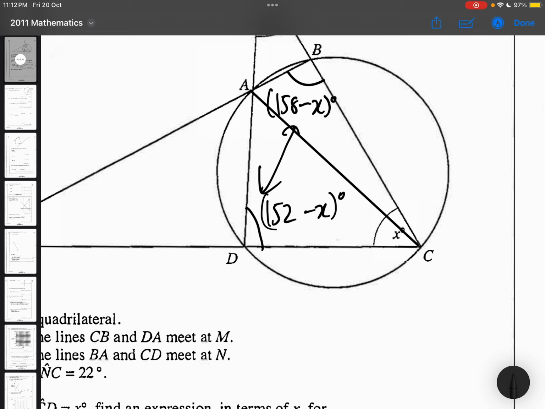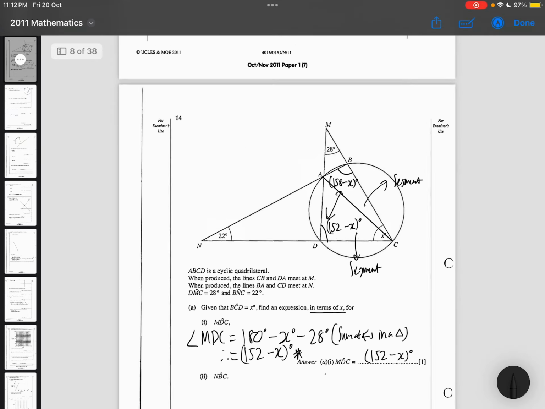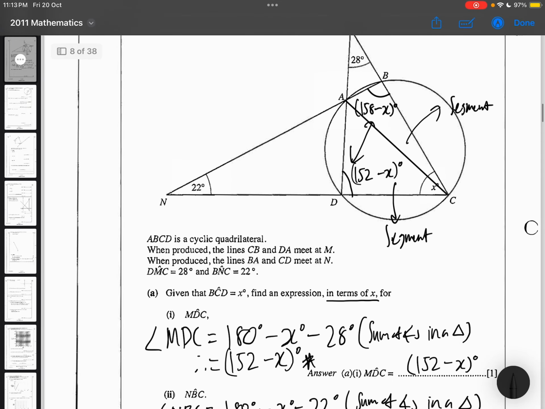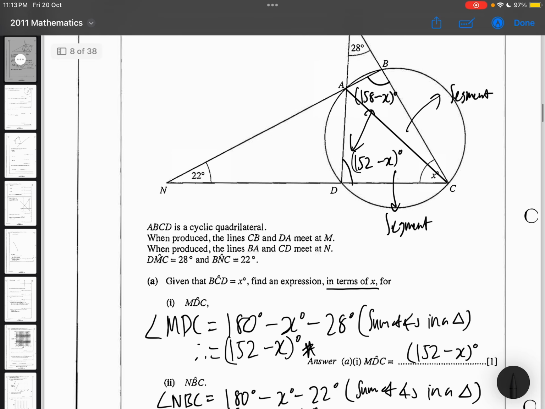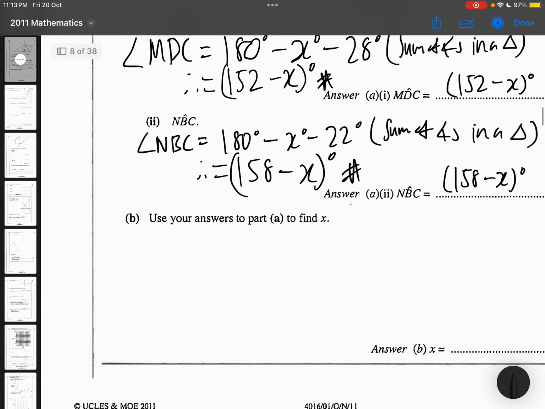In this part we have a segment, and then we have another segment. This means that angle MDC and angle NBC are angles in opposite segments, as pictured over here. So we can use this property, angles in opposite segments.